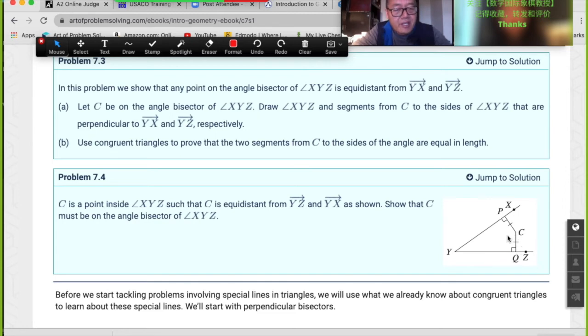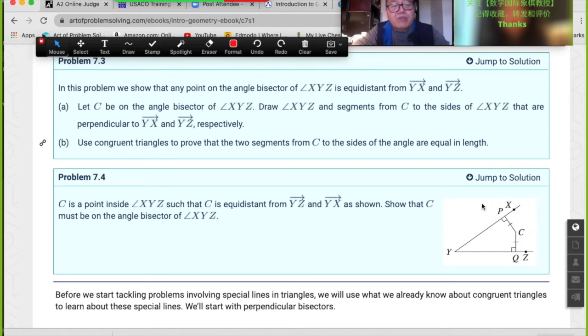So if C is on the angle bisector, then from C you draw a perpendicular line to XY, you get CP. Also from C, draw a perpendicular line to YZ, you get CQ. Then you will have CP equals CQ. So here, how can you prove this? They tell you to use congruent triangles to prove CP equals CQ.